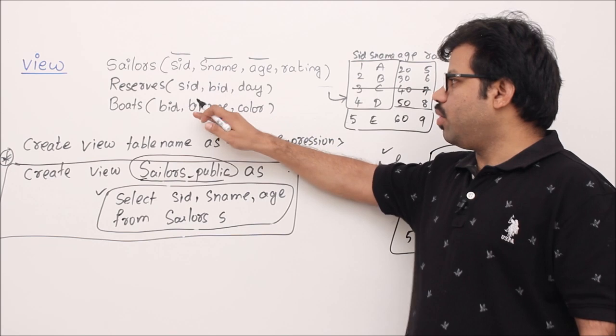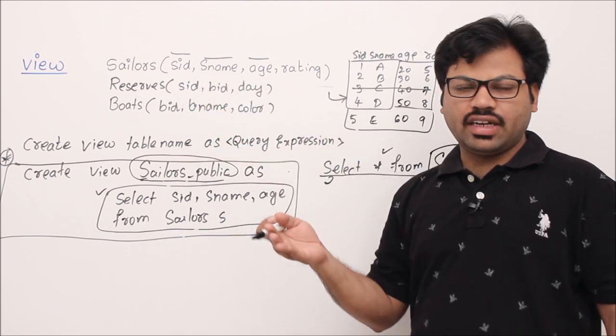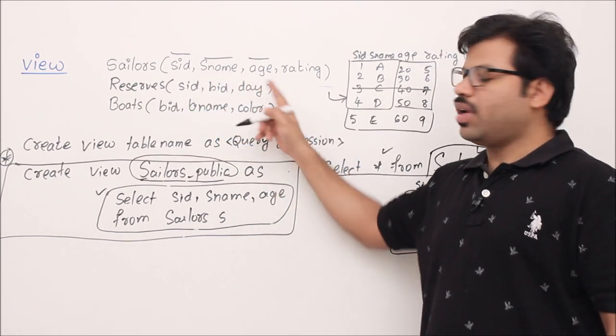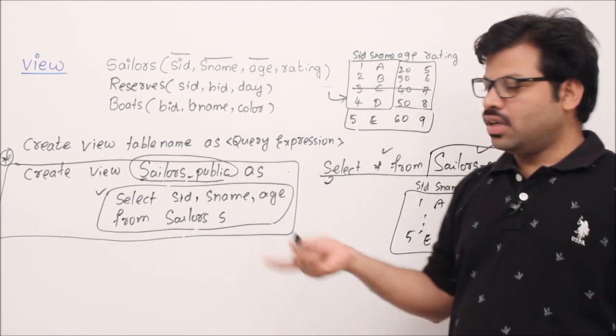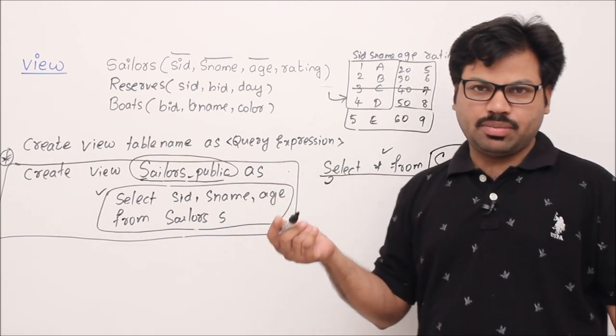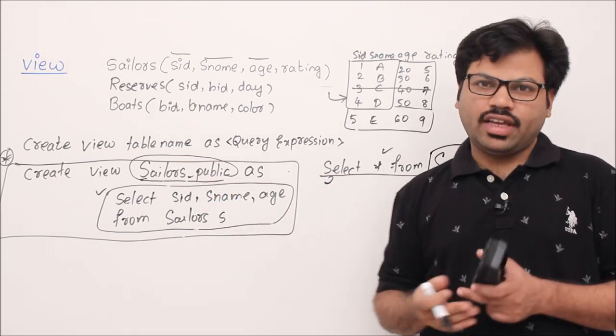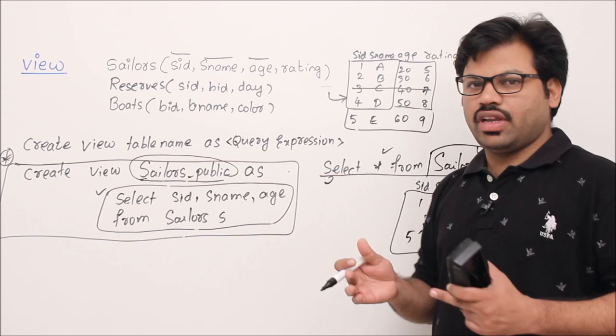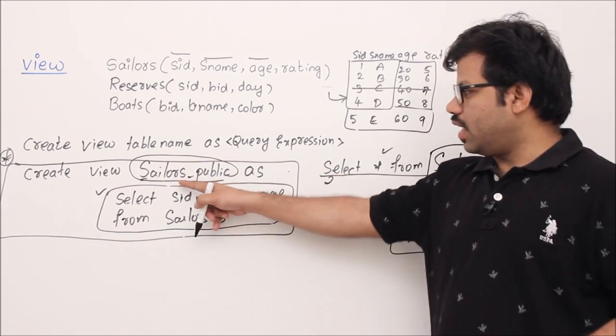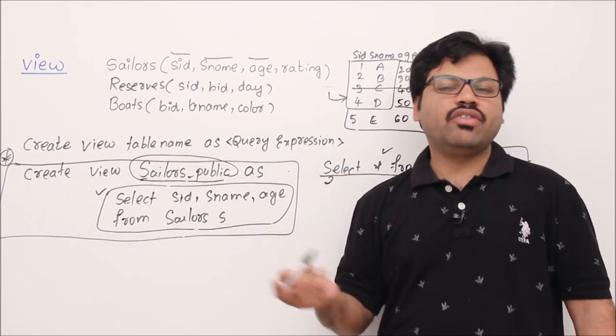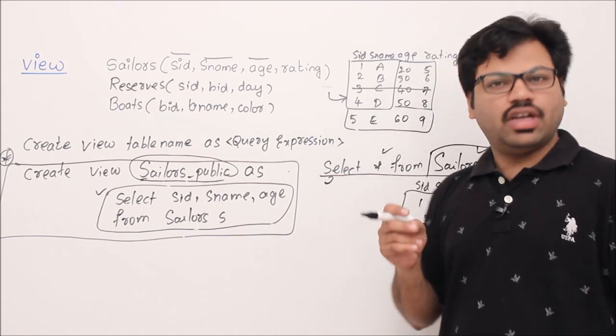Every logical table created using create table will get permanent space in the computer, but views will not get permanent space. That means they are just virtual tables, and on the fly, while executing another query which refers to sailors public, they will be computed at that time. That is one thing you should remember.